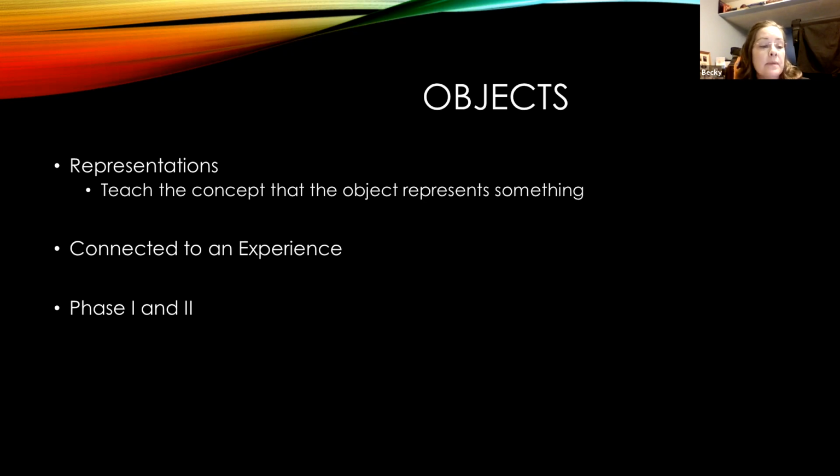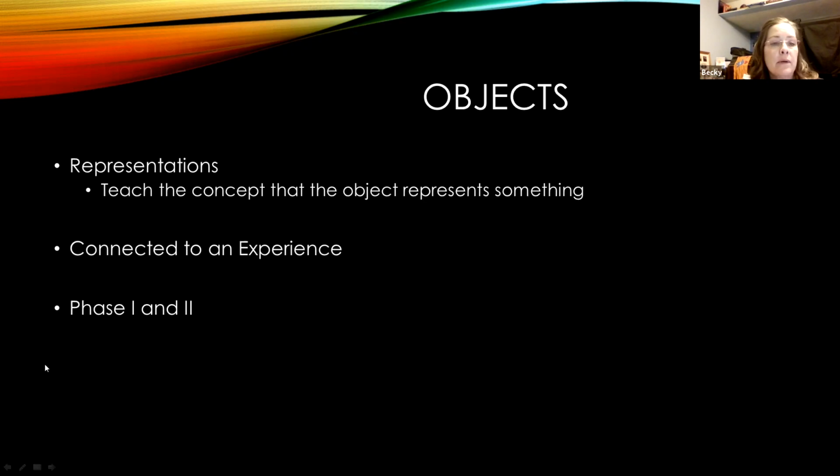We can use them for building concepts, and we want to use real life manipulatives. We need to intentionally select objects for calendars and schedules and story boxes, because we all know that our students with visual impairment do not have the luxury of incidental learning. So everything we introduce, teach, or reinforce, we must do with intentionality.